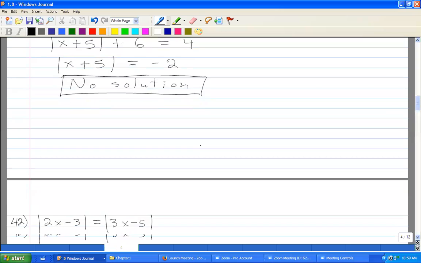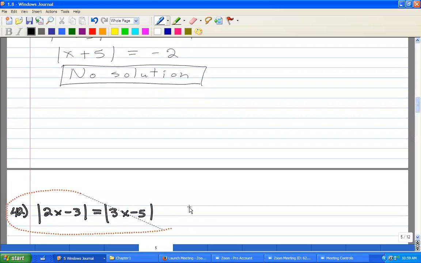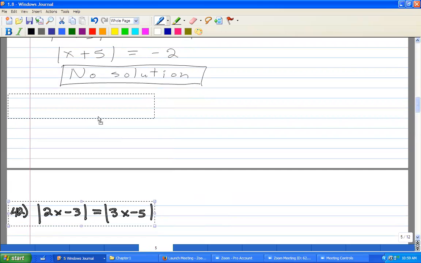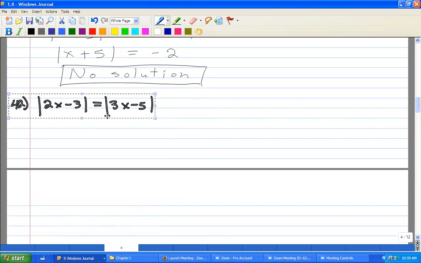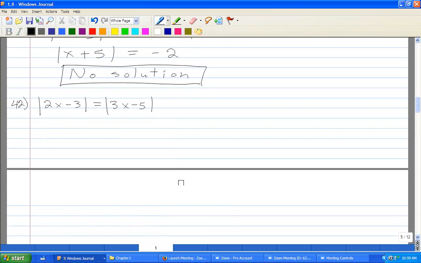Okay, so let's do problem number 42. The absolute value of x minus 3 is equal to the absolute value of 3x minus 5.